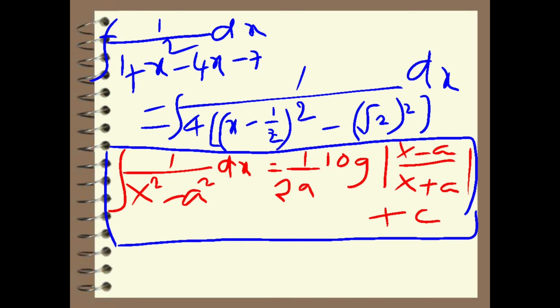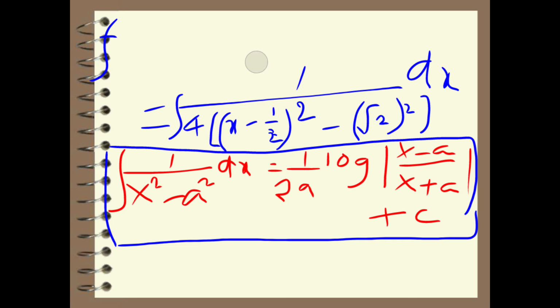Now I am erasing from the top. So this is equal to 1 by 4, which is a constant and does not affect the integration, so I am taking 1 by 4 out. 1 by 2a, in the place of a what is there here?